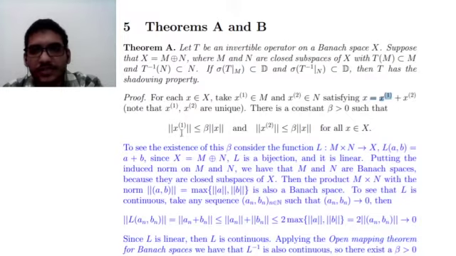The norm of x1 is less than or equal to beta times the norm of x, and the norm of x2 is less than or equal to beta times the norm of x for all x in X.